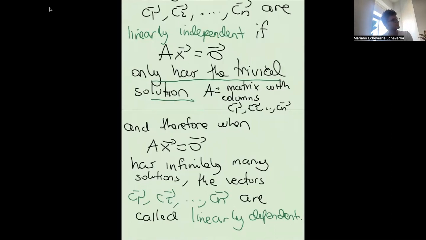So figuring out the linear independence or dependence of vectors is just asking whether the zero vector can be written in more than one way in terms of those vectors as a linear combination. Is that making sense?